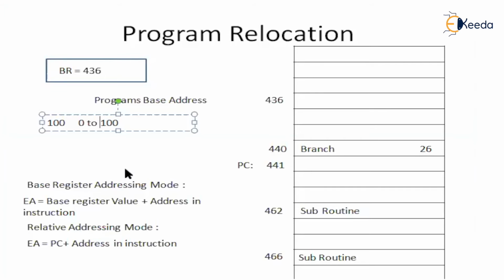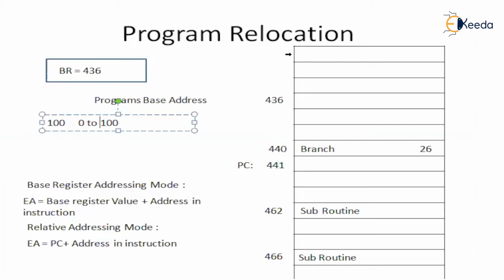But now this program must be executed from the main memory. You can't execute the program from anywhere else. When you load this program in the main memory, it can be loaded dynamically anywhere. The program can never be loaded from the 0th location.